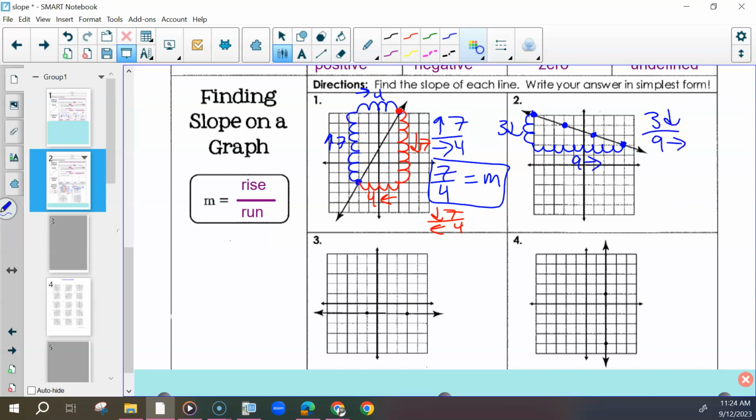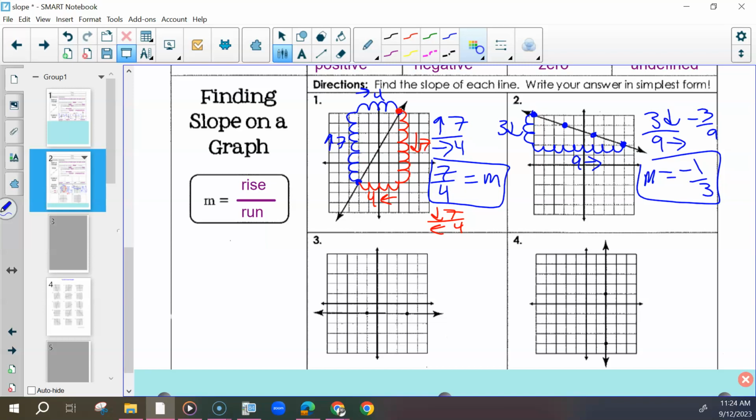That would make this a negative 3 over 9, but we have to simplify to negative 1 over 3. What this means is every time I go down 1 and to the right 3, there should be another point. We can check that. Down 1, right 3, down 1, right 3, down 1, right 3. And we keep going off the page, off the graph.